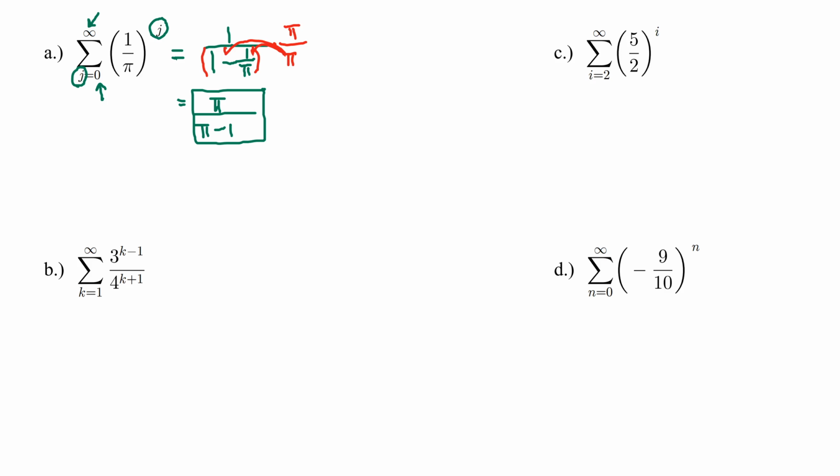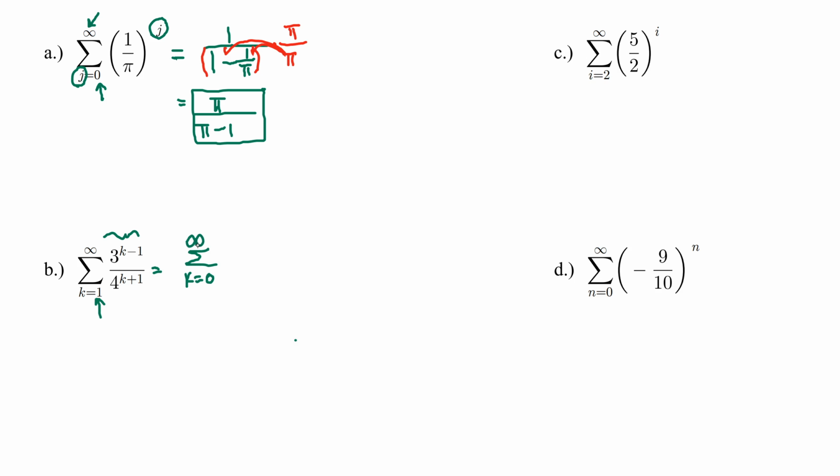Let's see how this applies on example B. Notice in this case we have the sum from k equals 1 to infinity of something that doesn't really look like the geometric series at first. So what we're going to do is manipulate this until it is resembling the geometric series. We know that to apply our formulas, the lower limit of summation must be 0.